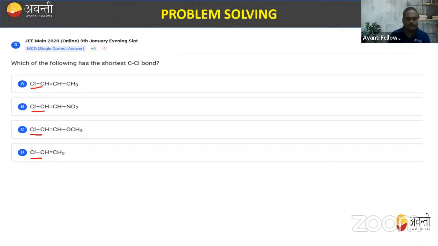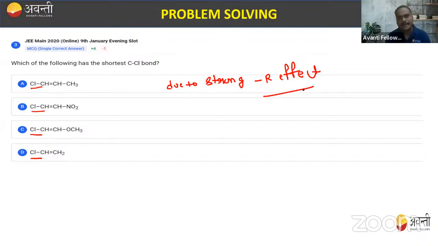Look, I'll explain. Due to a strong minus R effect, remember this, the NO2 group and the meta effect of chlorine bring partial double bond character between C and Cl. Because here we have one withdrawing group, and all the others have a donating group. Only in this case we have a withdrawing group.